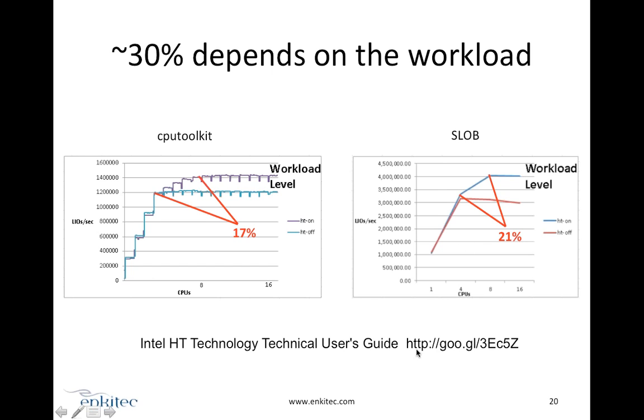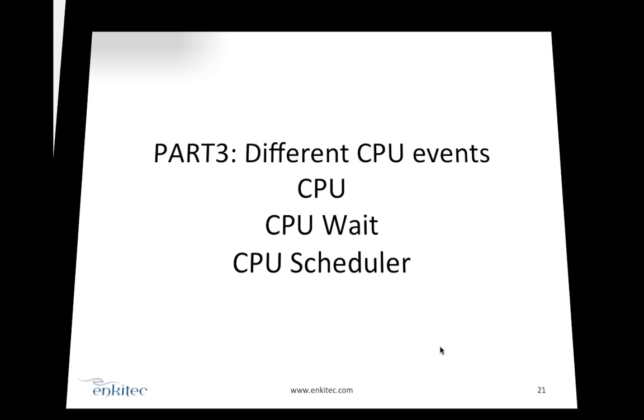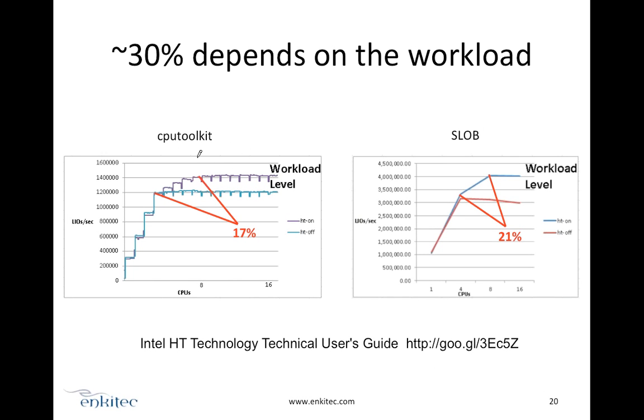But with hyper-threading turned on, you experience it at a later stage. Even though you're not getting any linear performance out of this, completely avoiding the CPU wait still helps from the standpoint of performance. So that's how you explain the CPU behavior.